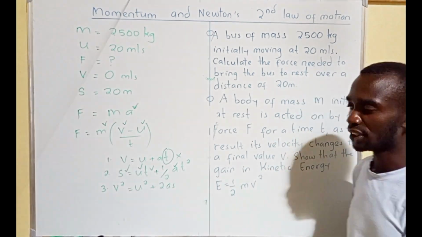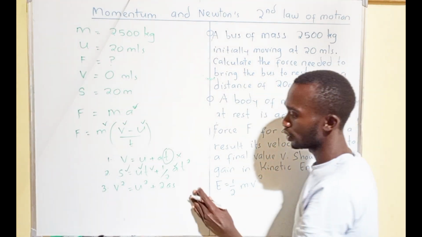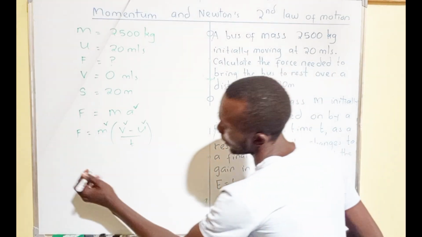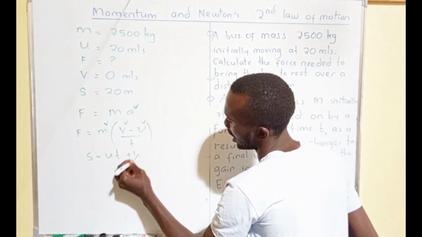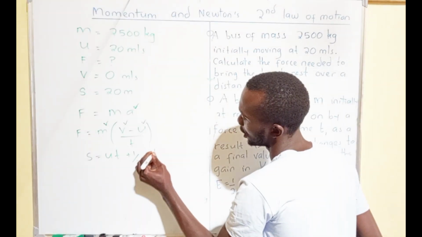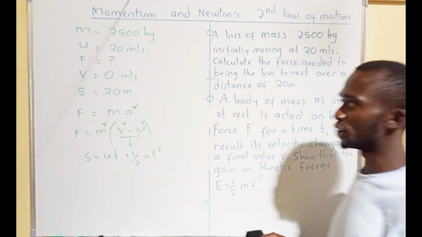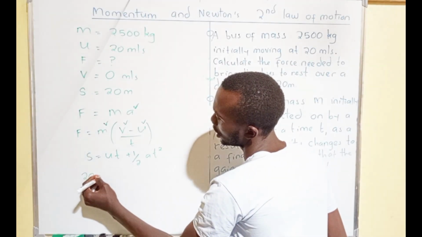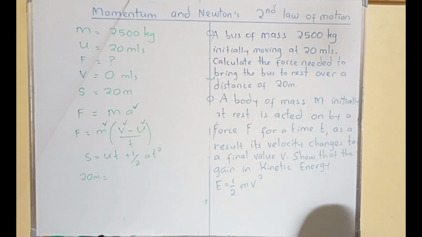So using the second equation, s is equal to ut plus a half at squared, with the displacement of 20 meters, 20 meters is equal to ut, but we don't have time.